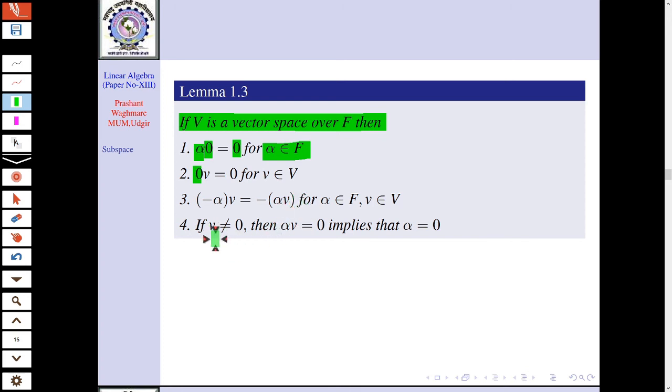And the fourth one is what? If v is not equal to 0 but alpha into v is 0, then what should be 0? Alpha has to be 0, right? So let's see the proof of this lemma 1.3.